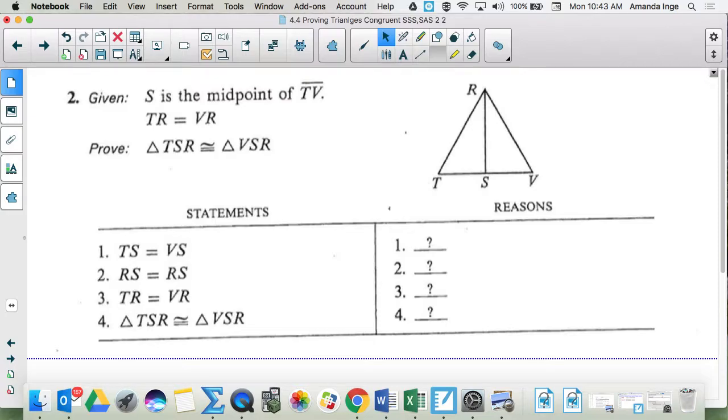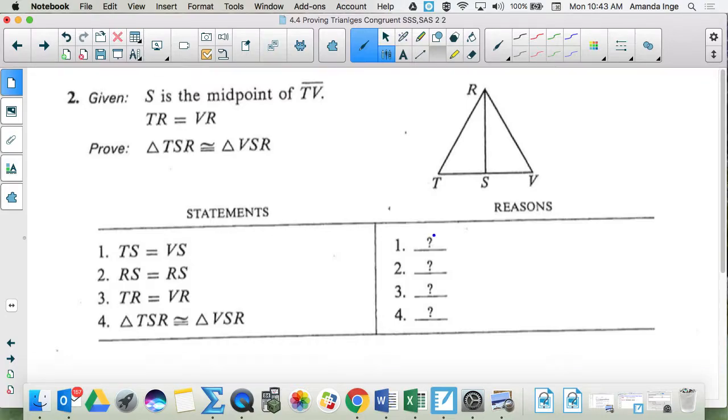So what'd you say for number 1, y'all? Given. S is midpoint of TV. What'd you say for RS is congruent to RS?